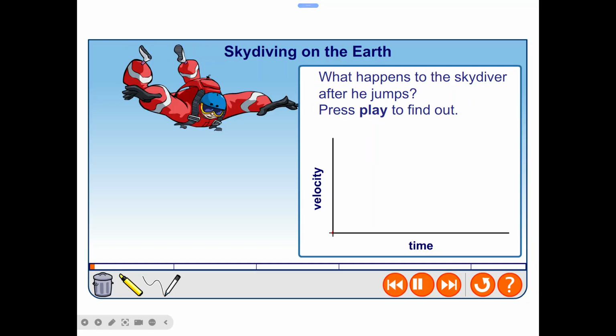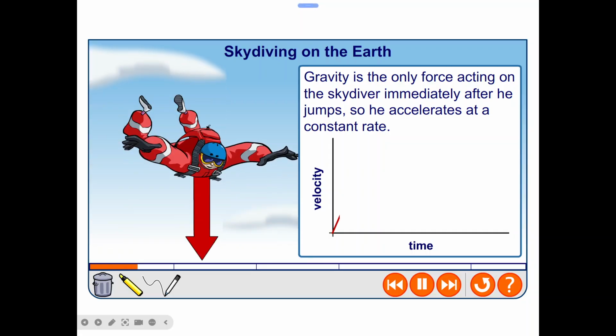Immediately after the jump, gravity is the only force acting on the skydiver, because he has not fallen yet and there is no relative motion between the skydiver and the air. So there's no air resistance yet at that moment.